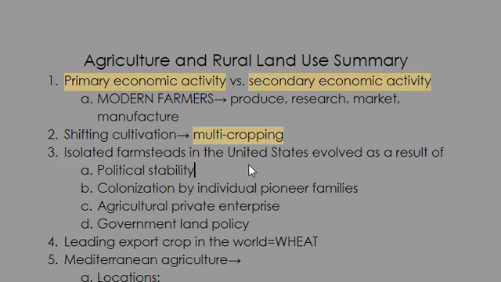So why did these evolve in the United States and not as much in every other country in the world? Europe has some of these, but the United States just has a lot of isolated farmsteads that developed in the early 20th century. First of all, political stability. A lot of these developed after the Civil War, and for a long time, until World War I, we really didn't go to war.